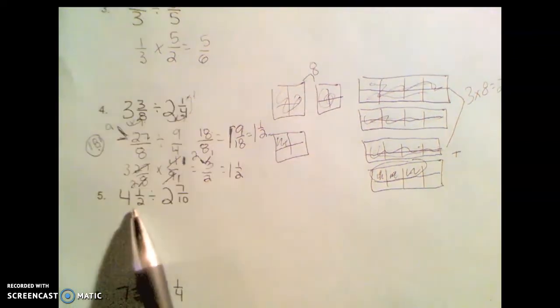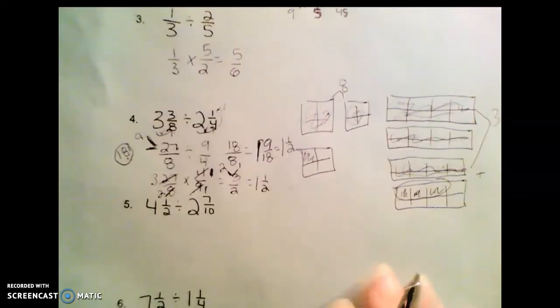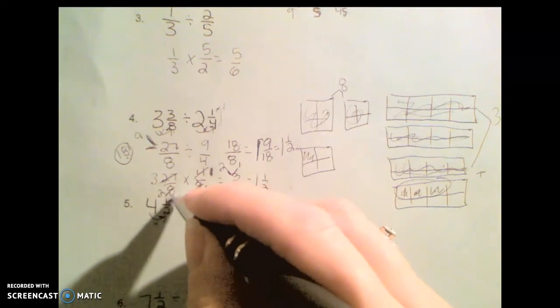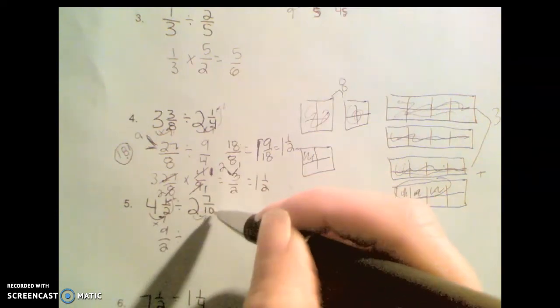All right, here I have 4 1/2 divided by 2 7/10. So I remember from my pictures over here, oh yeah, when I have the whole number, I have that many groups of these pieces. So 4 times 2 is 8, plus 1 more piece. That's 9 halves divided by 2 times 10 is 20, plus 7 more, 27 tenths.